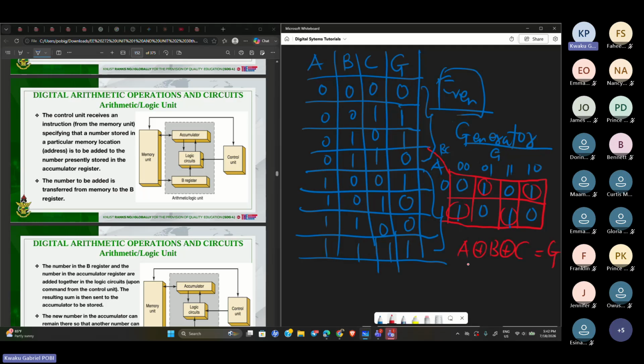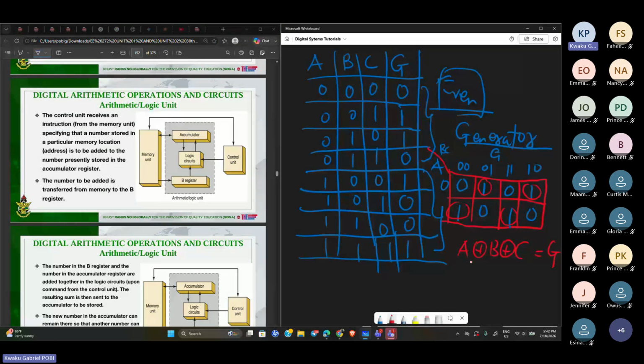So you could clearly see that when we did for a 2-bit, it was an XOR between the two. When we did for 3-bit too, it's still an XOR for the 3. If we are supposed to do the checker, we'll have 4 inputs.